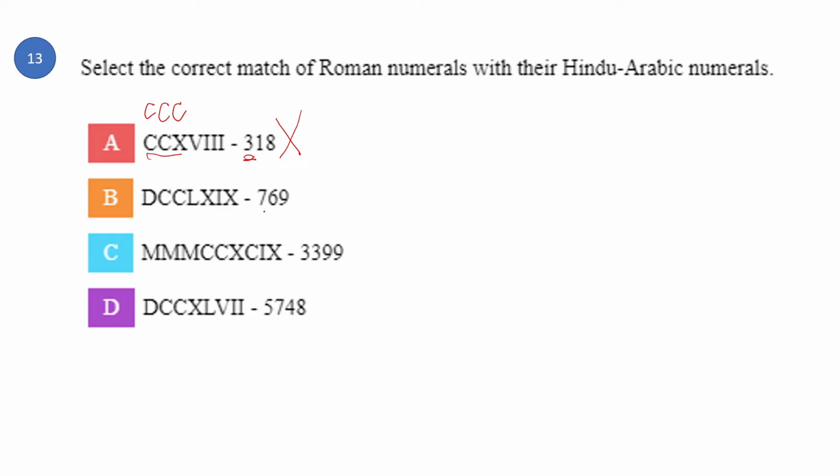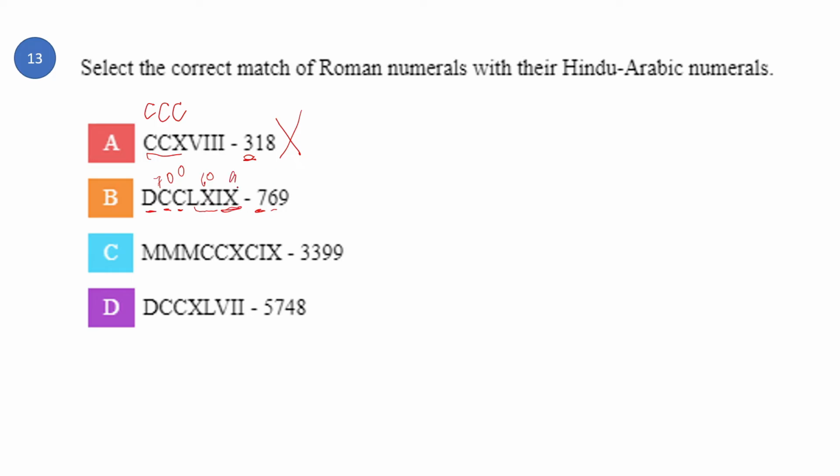Coming to the next one, it's 769. D is 500 plus 100 plus 100, so that is 700. So we have the hundreds correct. Then it is tens, which is 60. L is 50 and X is 10, 50 plus 10 is 60. So our tens is also right.